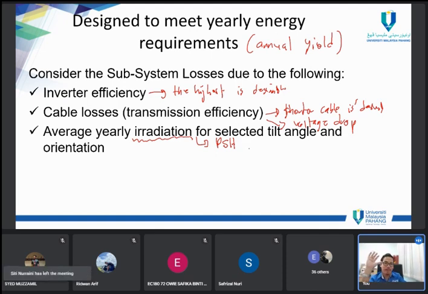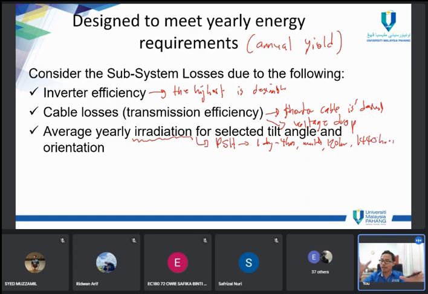Every day we need a minimum of 4 hours of consistent 1000 watt per square meter equivalent of solar irradiance. So that's the target. Every day, 4 hours, a month 120, a year 1,440 hours. This is the rough one.